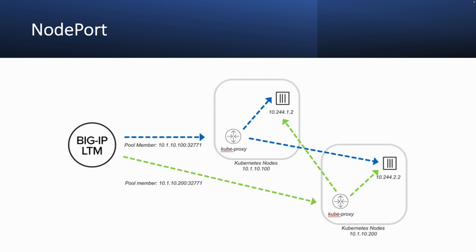So it only communicates with the node, and then there is another layer of proxy, the kube proxy, that will receive this traffic and send it to the relevant application pod inside the cluster, which might be on the same node or on a different node. That's why some of the disadvantages in this mode are that there could be lots of unnecessary east-west traffic. It might also be slower from a networking perspective because there is an additional hop, which is the kube proxy.